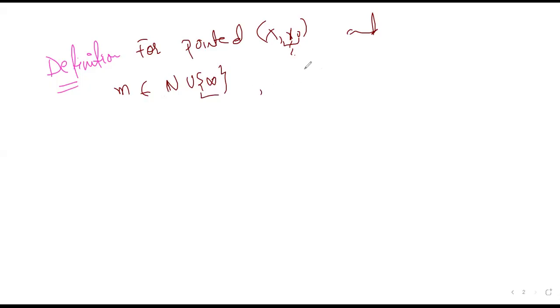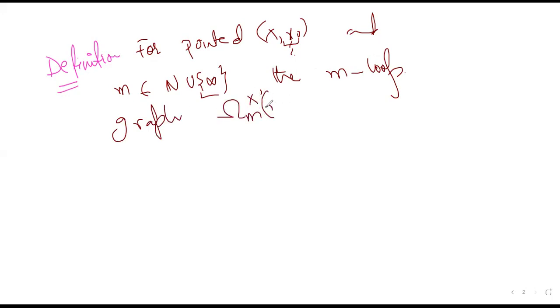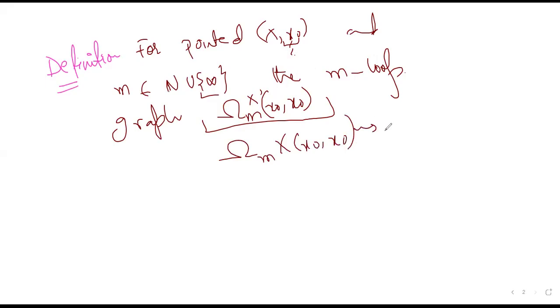The m loop graph, Omega_m(x naught, x naught). What type of graph is this? This is a loop graph. What type of loops? Loops omega from x naught to x naught, starting and ending at x naught.